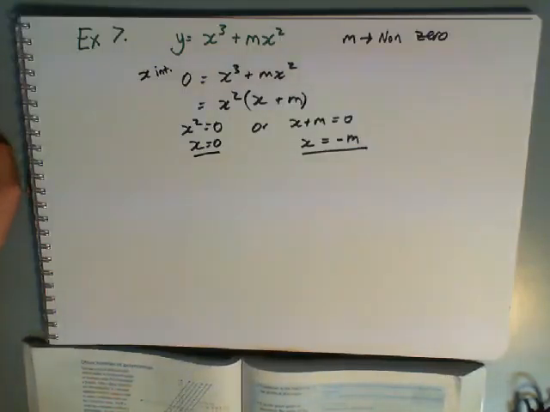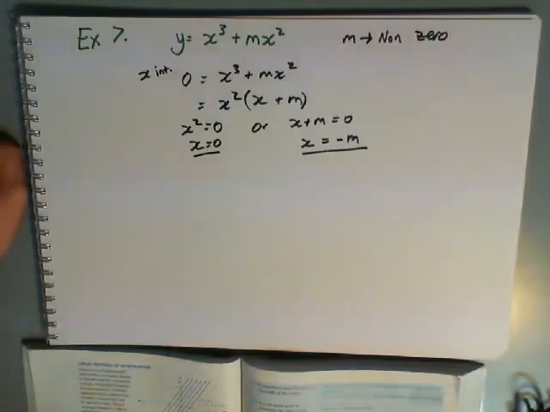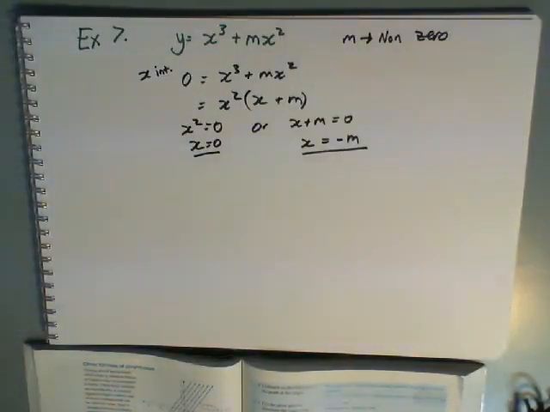Now, part B, draw a sketch of the shape of the curve for positive and negative values of m, and comment on the behavior of the graph. Due to the multiplicity of the factor, there is a turning point at 0, 0.